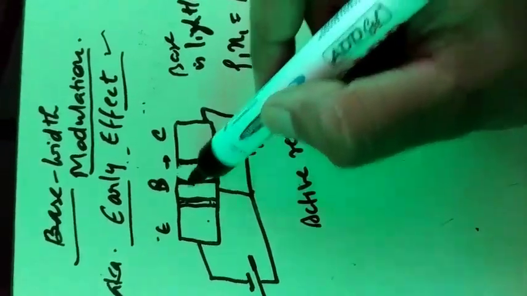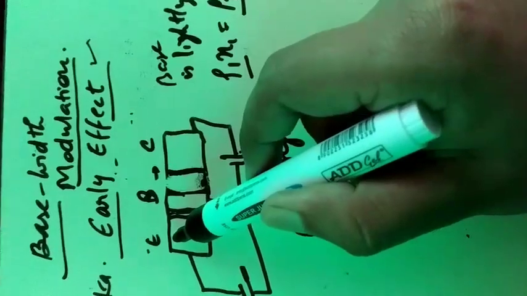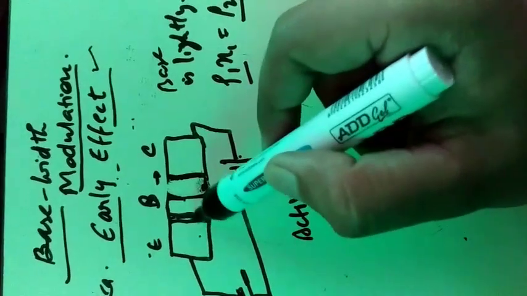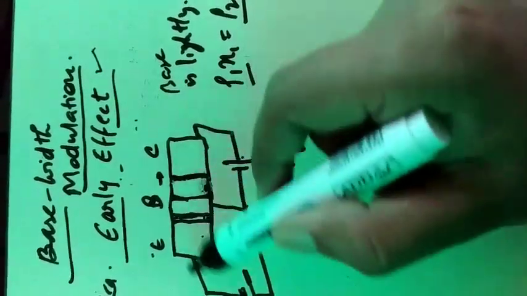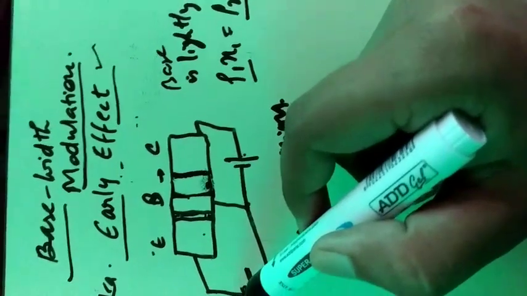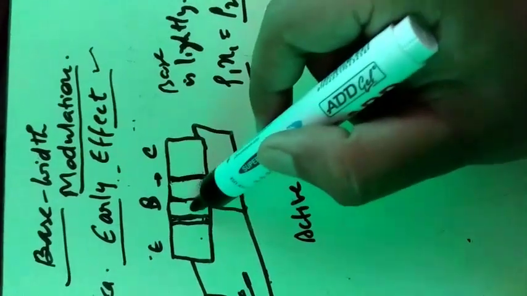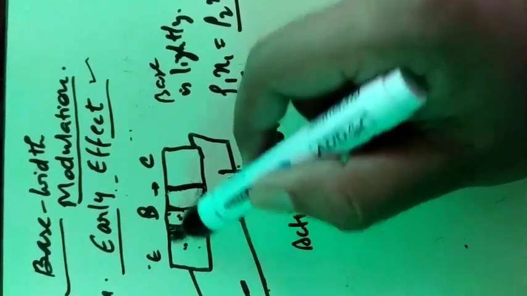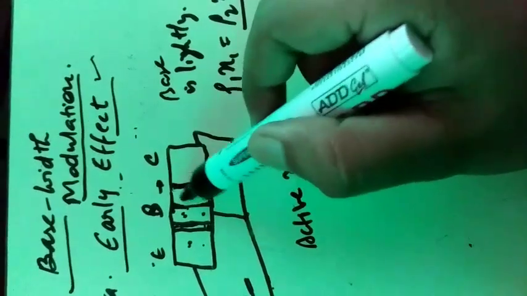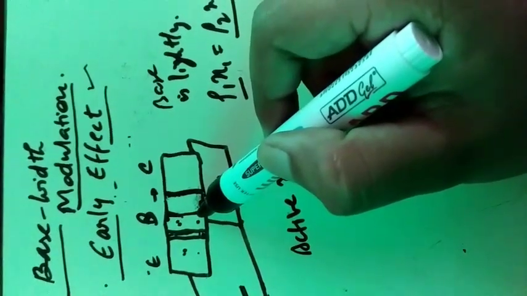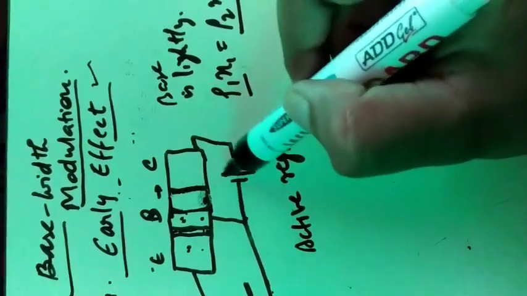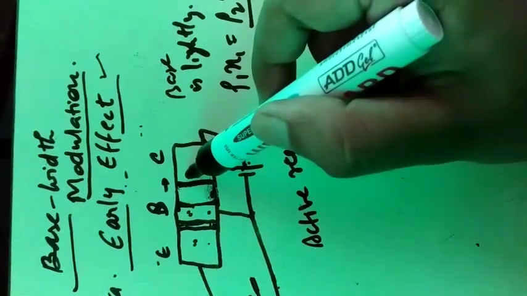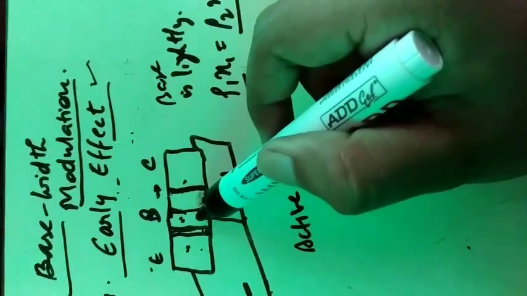If this first junction is forward biased, then the holes from this P type will go from here to here, but these holes have been finished. How have these holes been finished? Because of this reverse biasing. This reverse biasing has led to a decreased amount of holes.